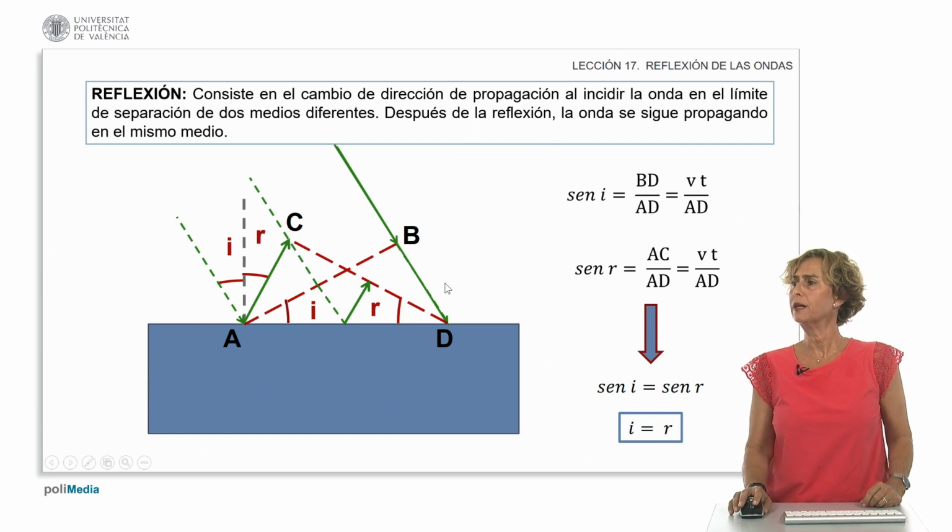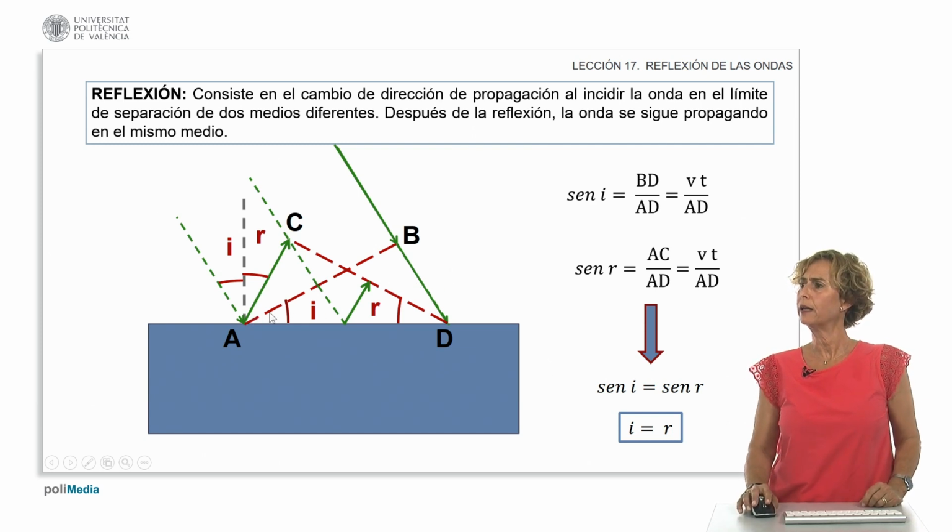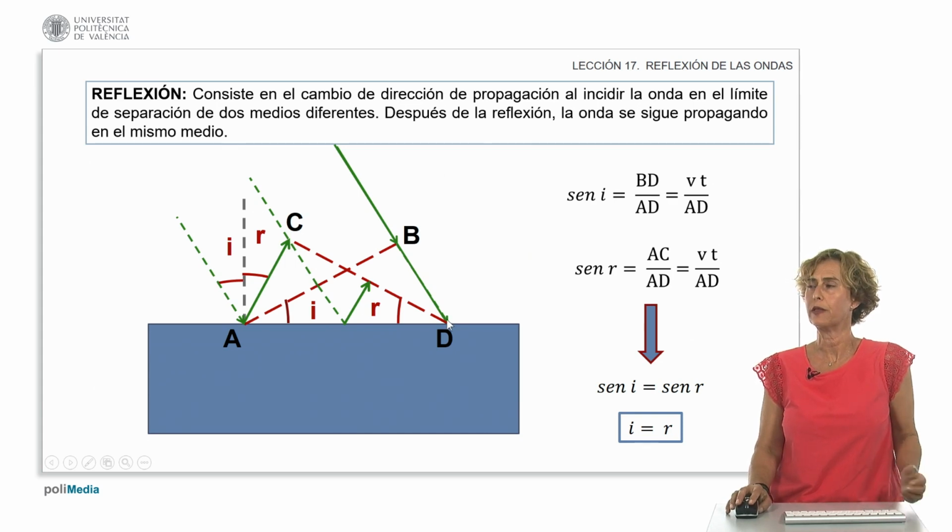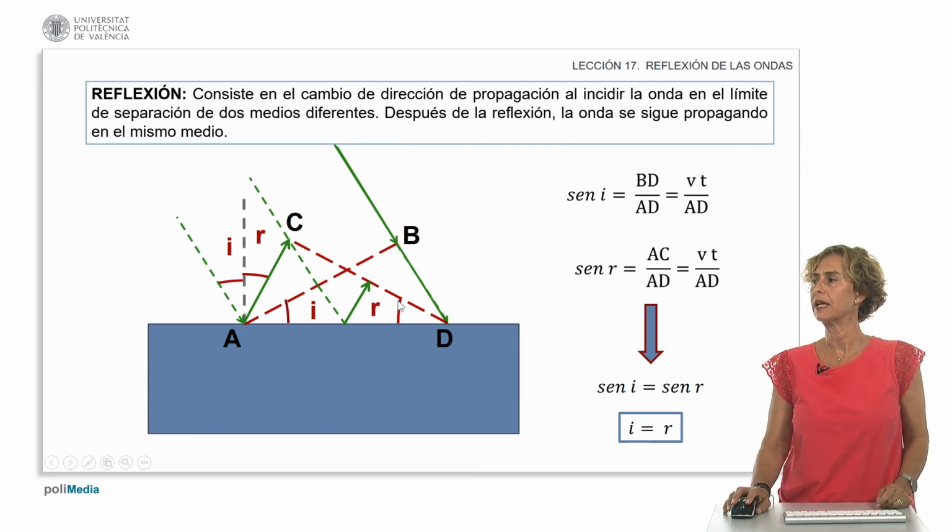If we look at the triangle ABD, we can express that the sin of I is BD divided by AD, which is this slice here that would constitute the hypotenuse. BD is a space taken by the velocity of the medium times the time that has elapsed, VT divided by AD.